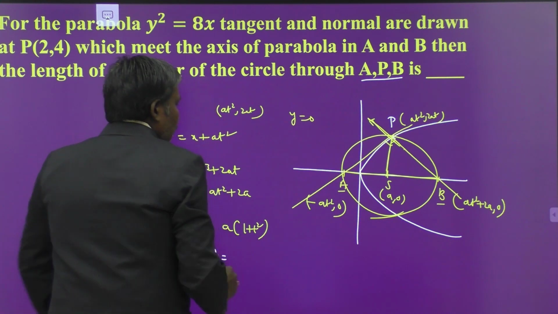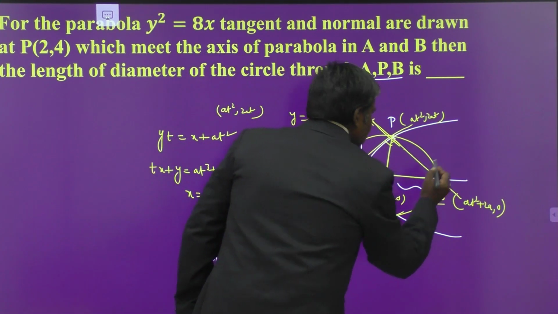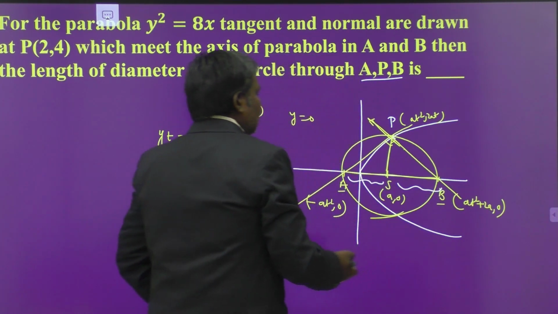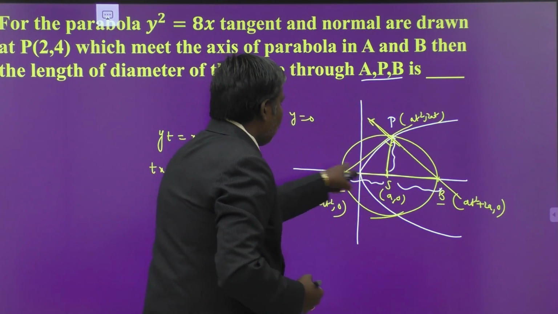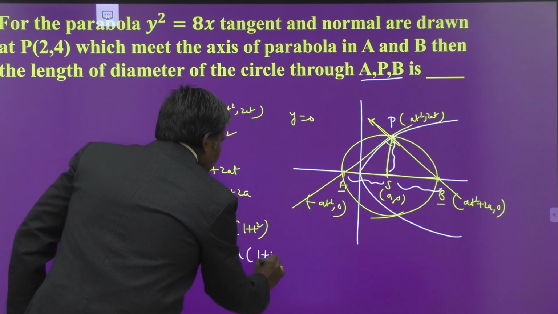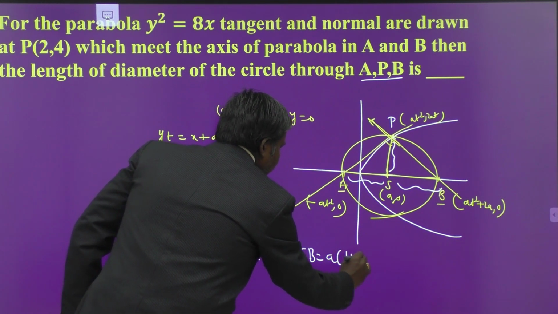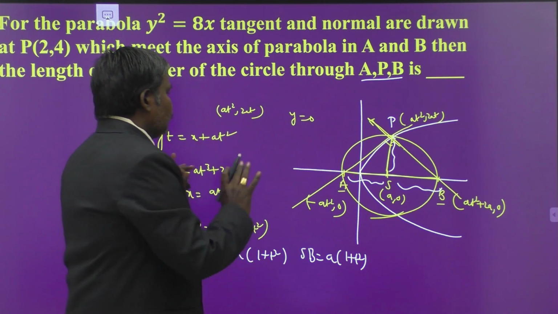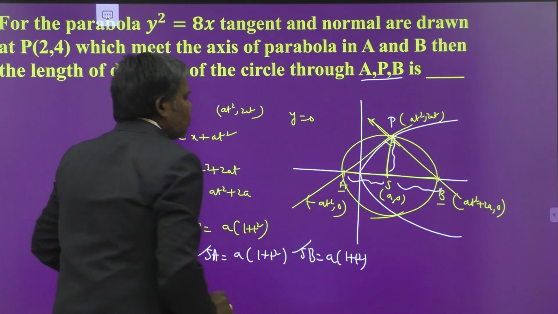SA is also a into 1 + t². And SB is also a into 1 + t². at² + 2a - a, that is also a into 1 + t². So we have SP is equal to SA is equal to SB. AP and PB are different values. From this result, SP is equal to SA is equal to SB we obtain.